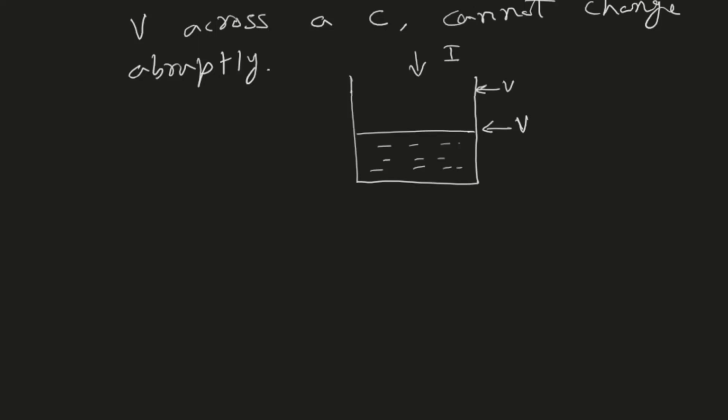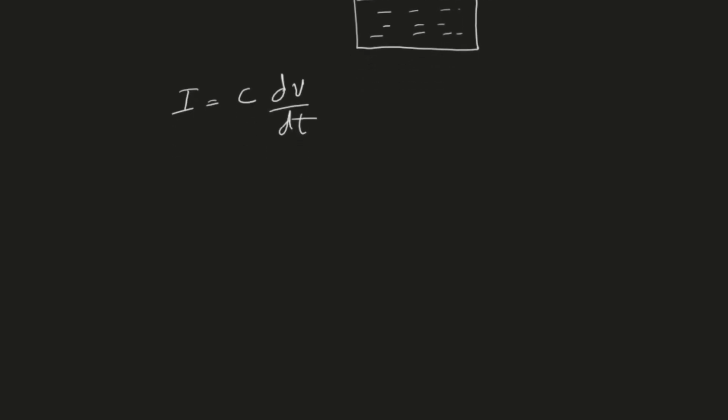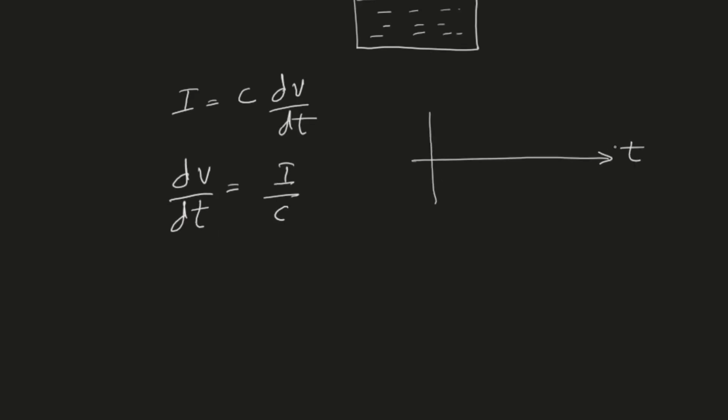Now let's see the equation that we have, which says I equals C times dV by dt. I want to write it this way: dV by dt is equal to I divided by C. Now let's see what we are trying to say over here. Let's say this is time and this is the voltage across the capacitor. I'm looking for this kind of change.